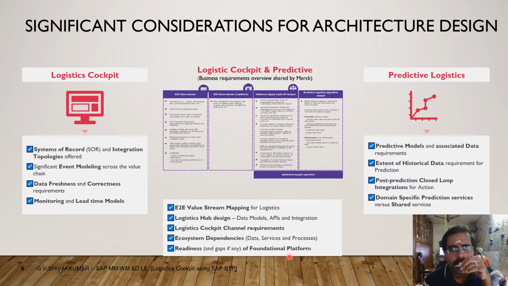That is important. And what will predictive logistics say? The predictive models and associated data requirements can be tracked and traced as much as possible, which leads to optimized lead time. Second, the extent of historical data requirements for the prediction. And third, historical data must always be maintained, because for that the BTP architecture will provide an internal storage, which is HANA data storage.